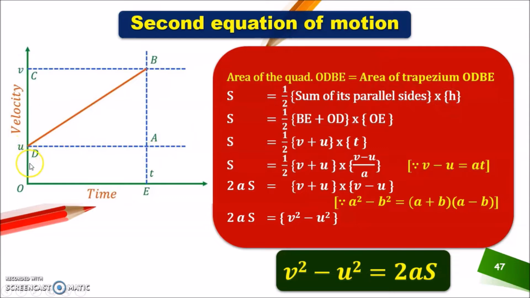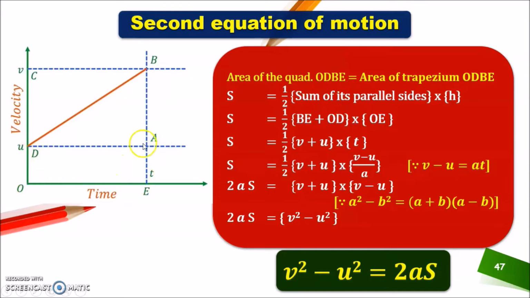So we have OD and EB as the two parallel sides here, and DA or OE will be our height. So if we put these values in this formula, s equal to half into sum of its parallel sides into height. What are our two parallel sides?